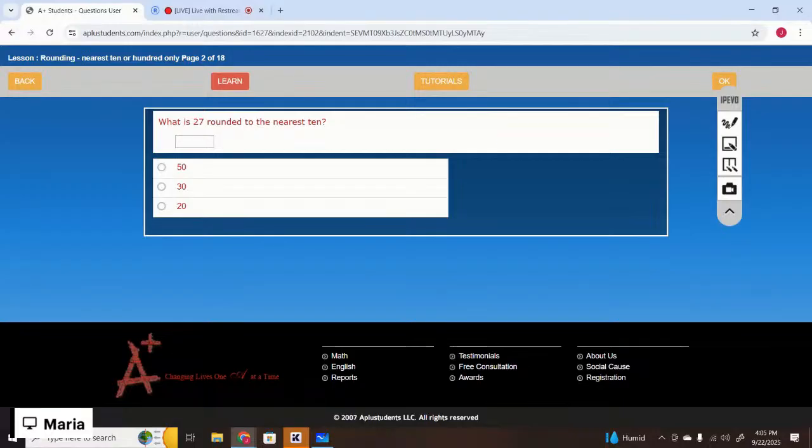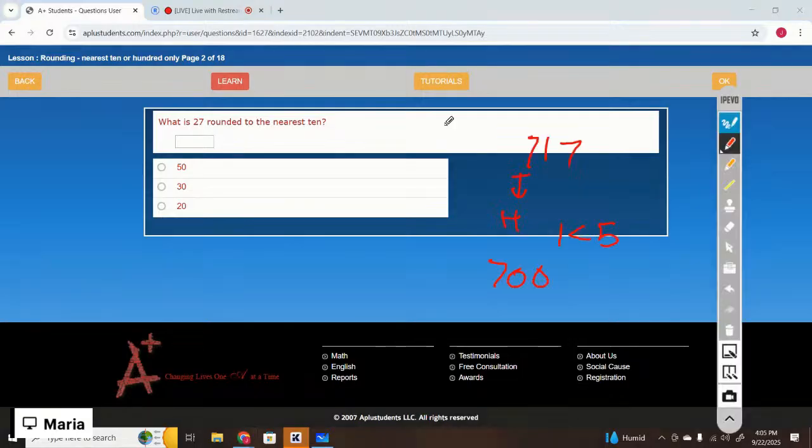What is 27 rounded to nearest 10? So 2 is the digit that is at the tens position, right? So right next to 2 we have 7. 7 is greater than 5. So you need to round up.